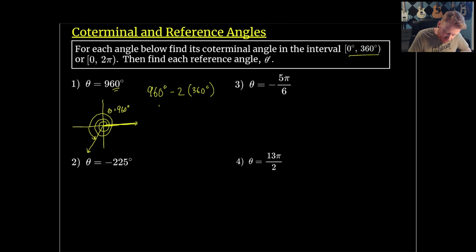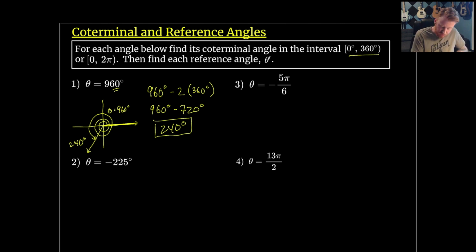So this is going to give us 960 degrees minus 720 degrees, which leaves us with 240 degrees. Okay, so we've got our coterminal angle. 240 degrees and 960 degrees have the same terminal side, but I think that 240 degrees is going to be a more tangible angle for you to deal with in the future than 960 degrees is.